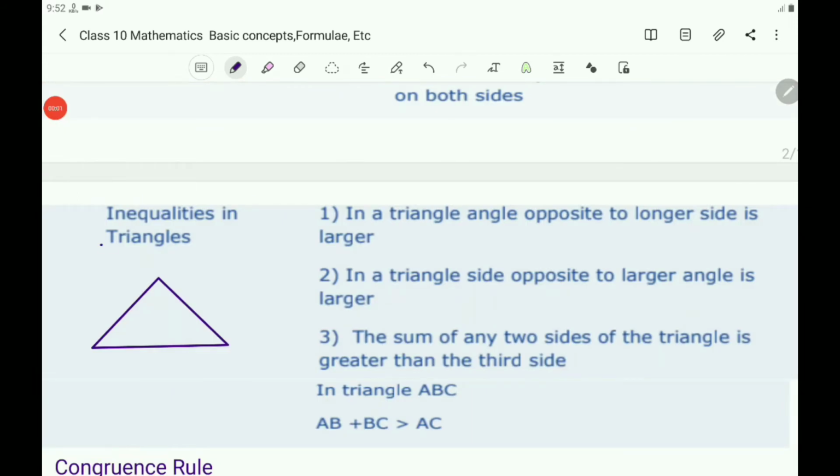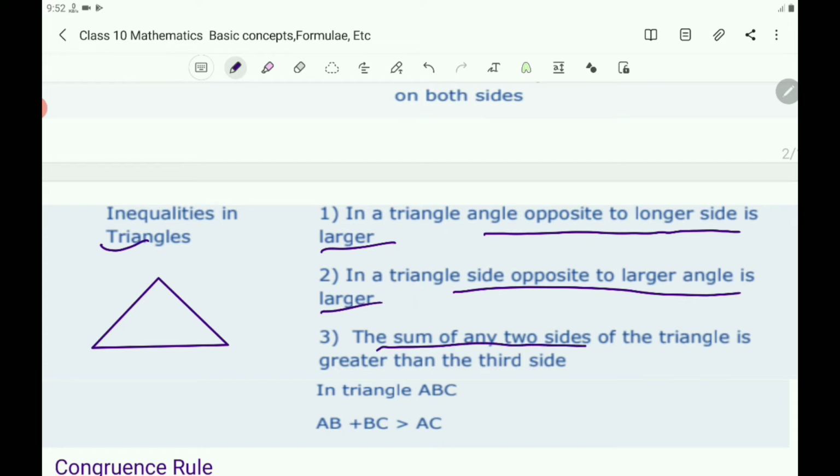And also you learnt about the inequalities in triangle. In a triangle, the angle opposite to the longer side is larger and the side opposite to the larger angle is larger. The sum of any two sides of a triangle is greater than the third side.